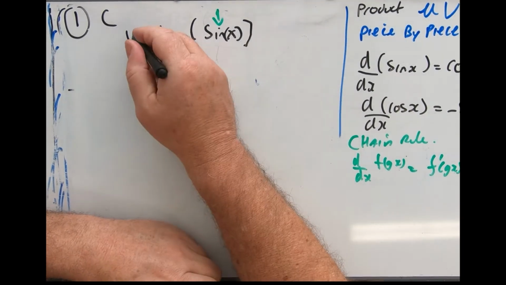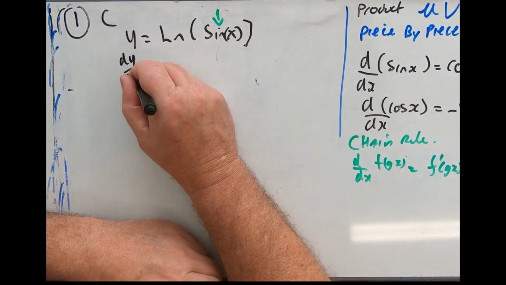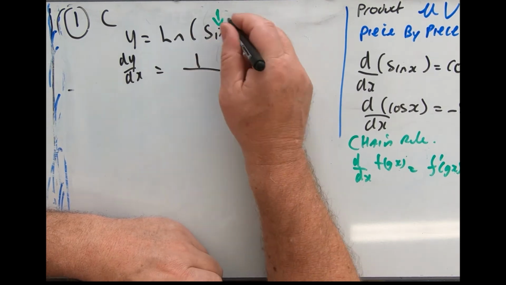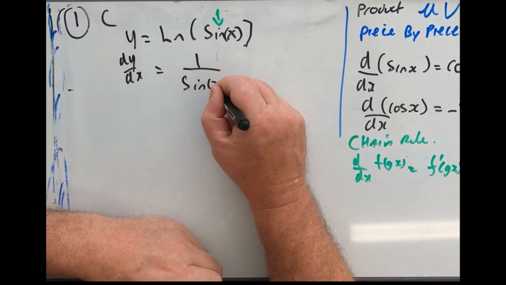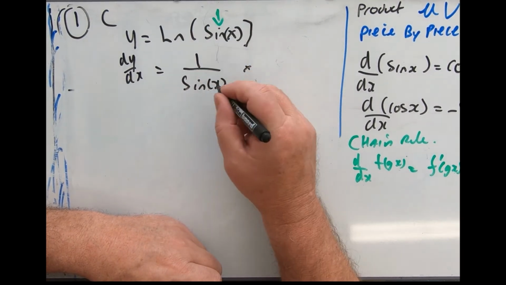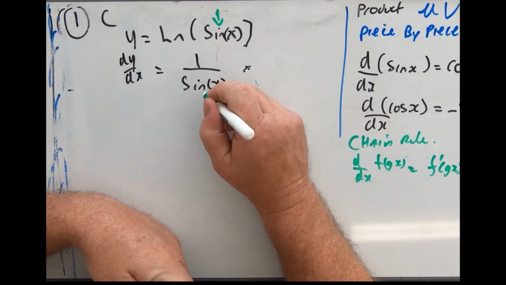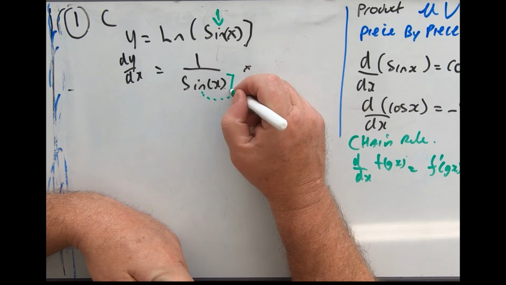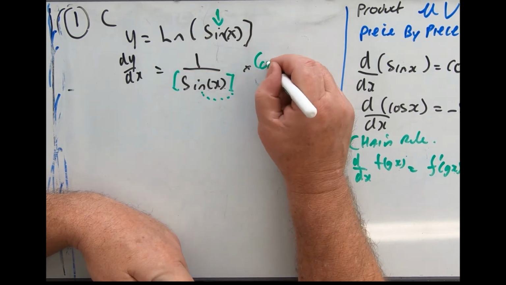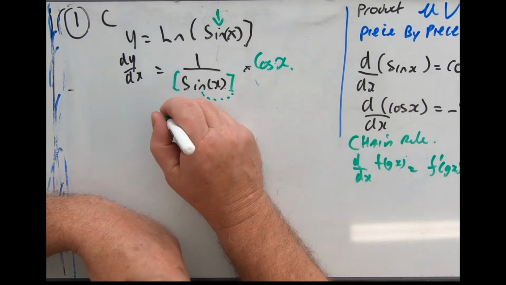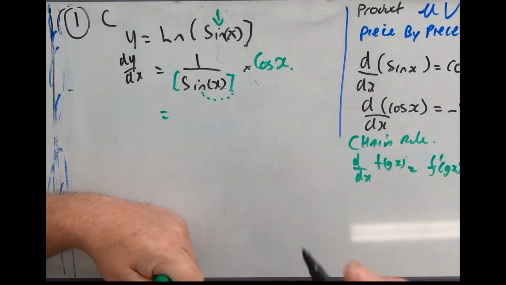So again, y, so dy by dx is 1 over whatever's in the bracket, multiplied by the derivative of the bracket. And the derivative of the bracket is the derivative of all this is cos x. So we could rightly rewrite it.